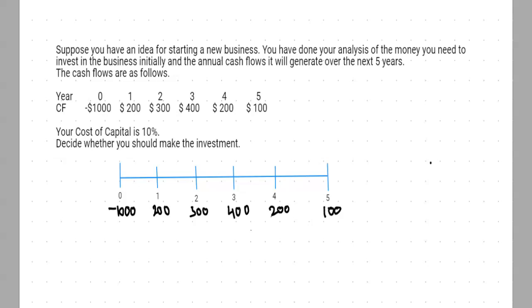You need to discount each cash flow to its present value at year zero to get the net present value. The year zero cash flow is already at its present value. To get the present value of the year one cash flow, you need to divide it by 1 plus r to the power n, that is, 1.1 to the power 1.